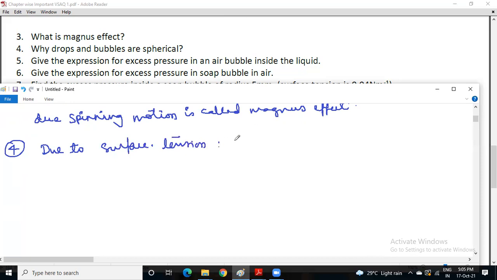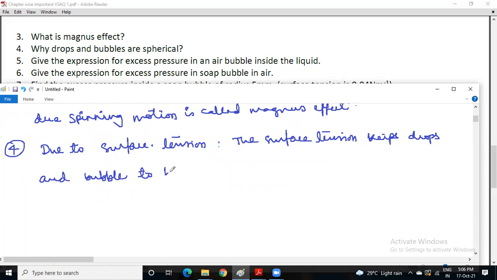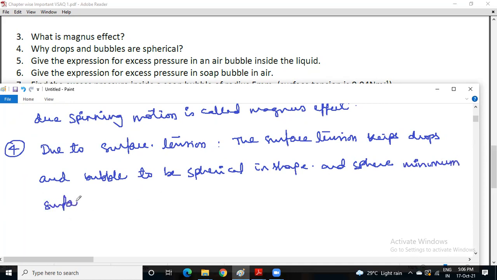Surface tension keeps drops and bubbles spherical in shape, and a sphere has minimum surface area for the given volume. This is all because of surface tension.